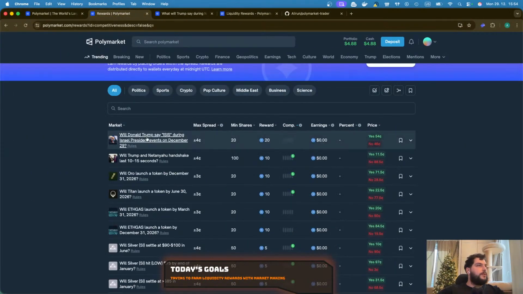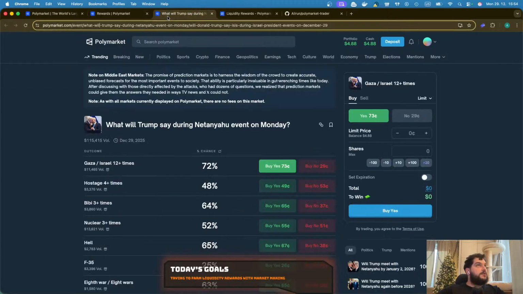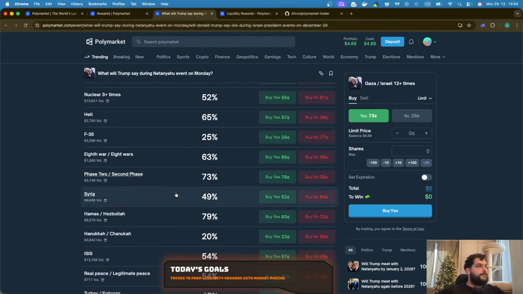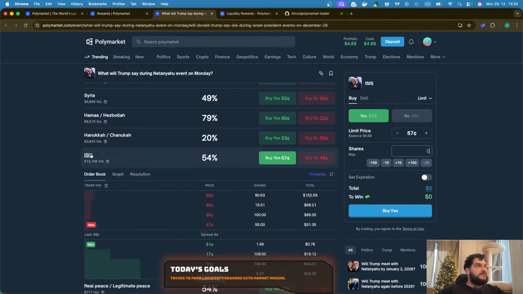Hold on. Will Donald Trump stay during the Israel president events in December? Basically, this market.